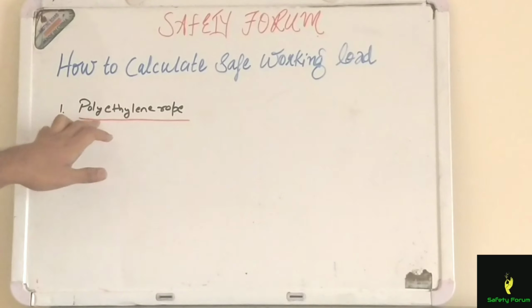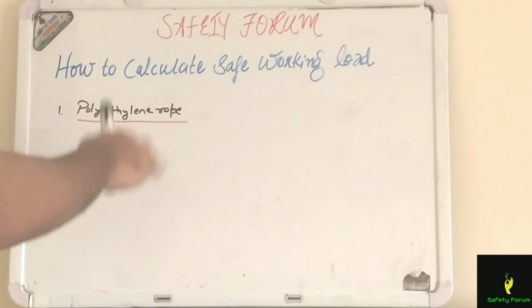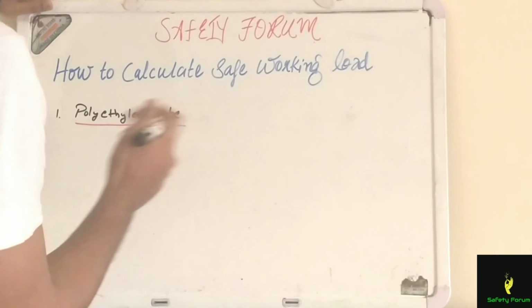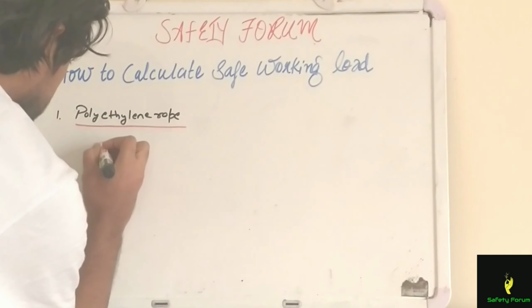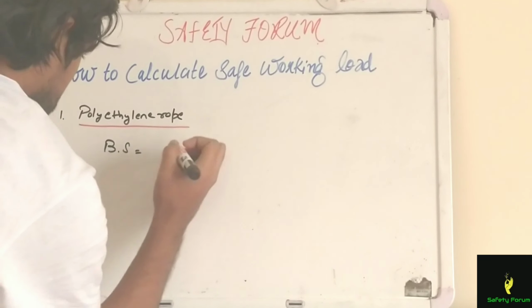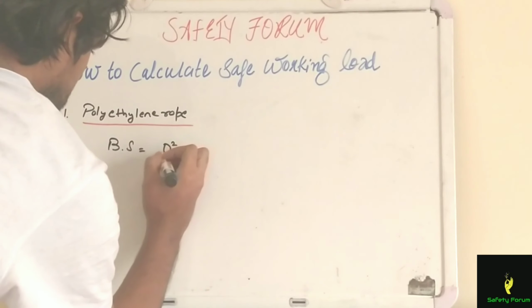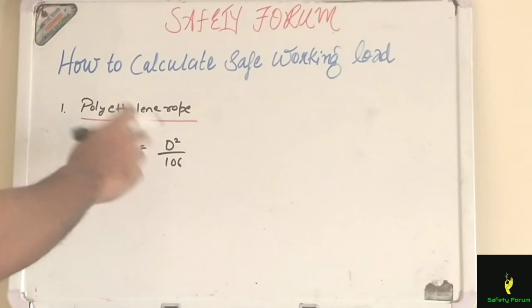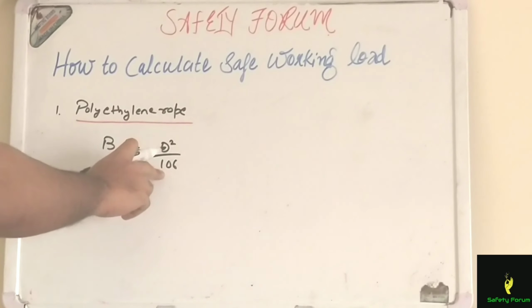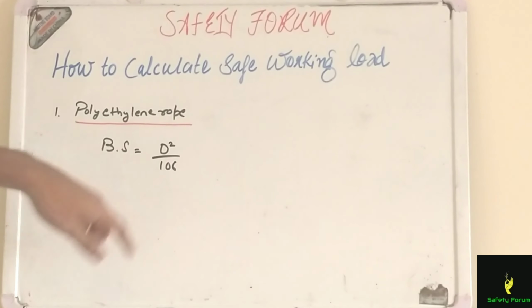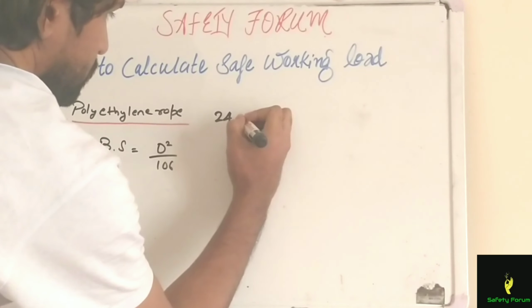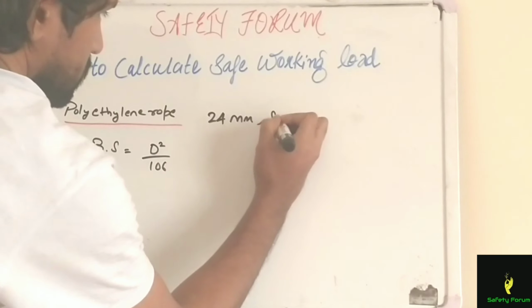Now we will be seeing the last one, polyethylene rope, how to find out the safe working load for the polyethylene rope. So for polyethylene again we will be using the same formula, breaking strength equal to D square by 106. Here the constant value will be 106. So we will be using the same case study, which is a 24 mm polyethylene rope.